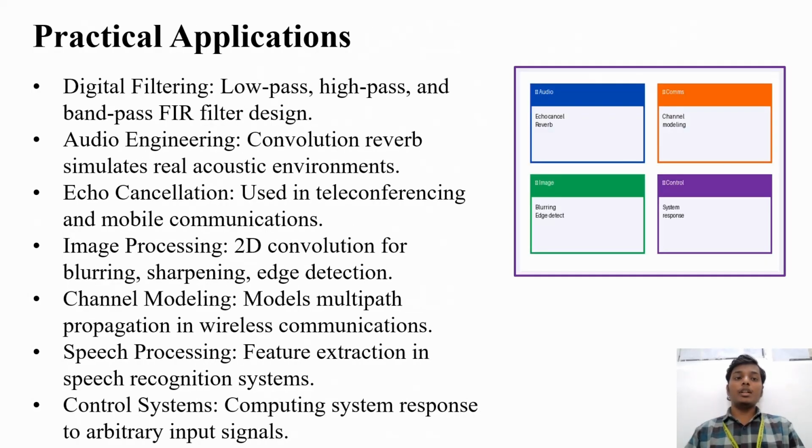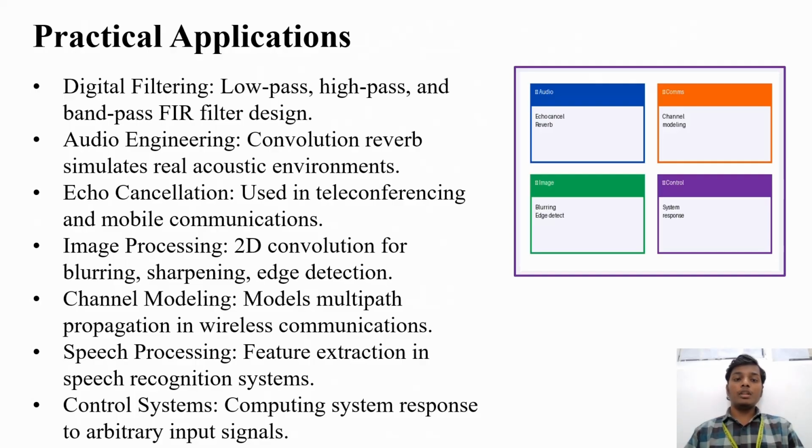Practical applications are digital filtering like low pass, high pass and band pass FIR filter design. Audio engineering, such as convolution reverb, simulates real acoustic environments. Echo cancellation is used in teleconferencing and mobile communications.